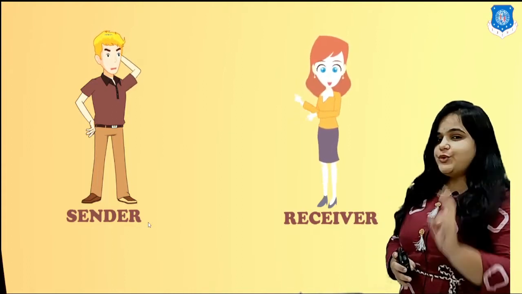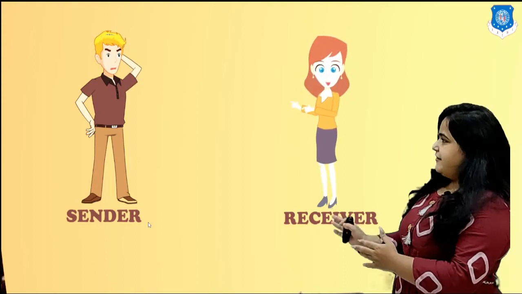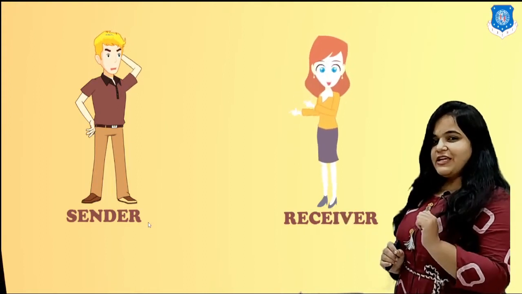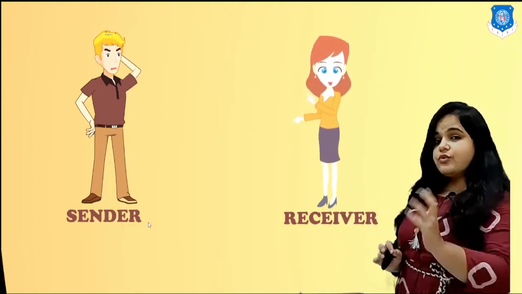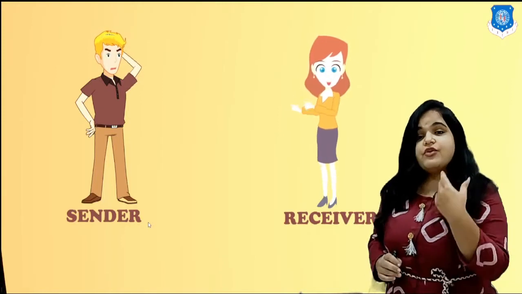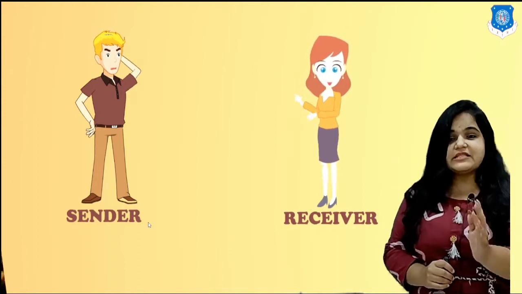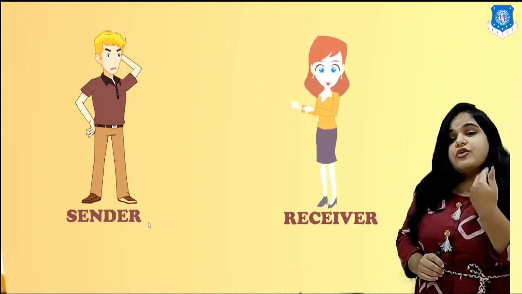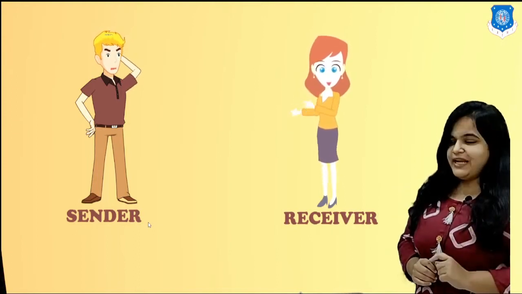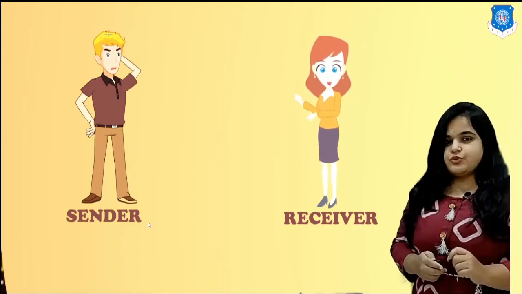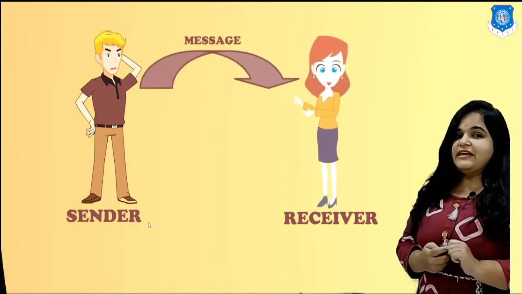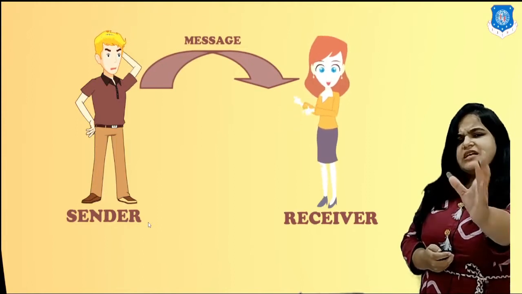We have two parties involved here: the sender, who is the initiator of the communication, and the receiver, for whom the communication is meant. For example, I am the initiator of communication here, and you students are the receivers for whom this communication is meant.